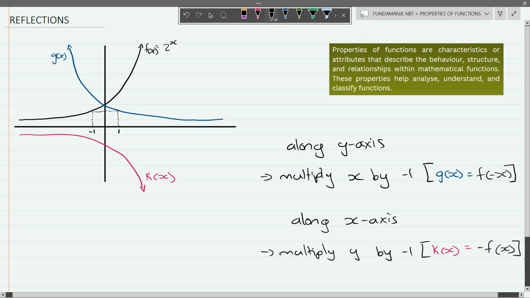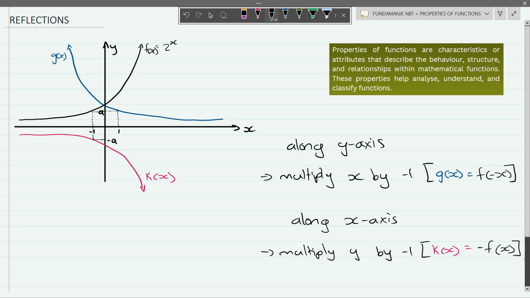But if we pick that same value and we take it to our function that is reflected about the x-axis, so this is our x-axis, that is our y-axis, then we get the same value. Let's say this value here was a, this here will be -a for the same x value. So this is how you can kind of remember reflections.